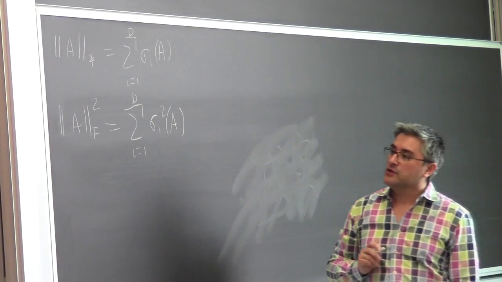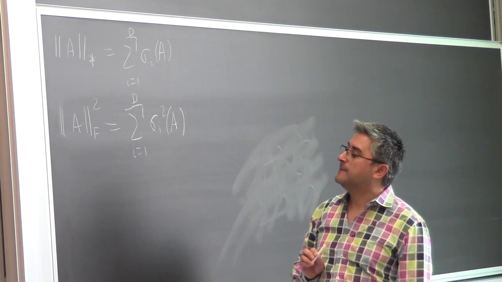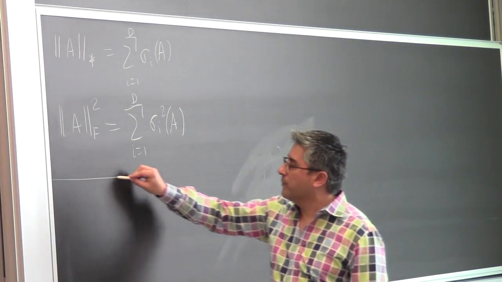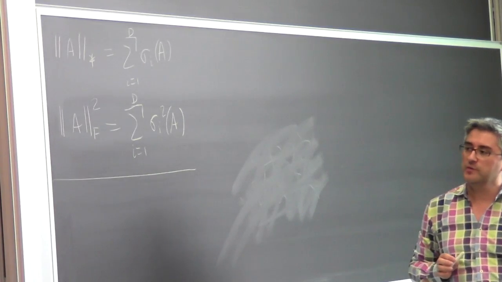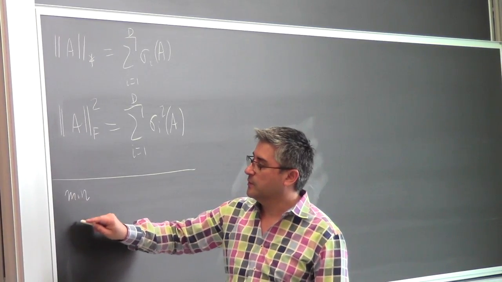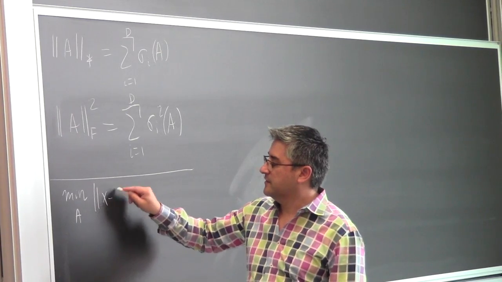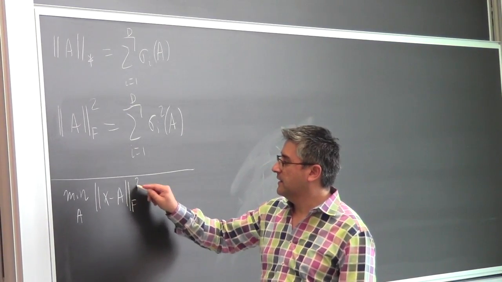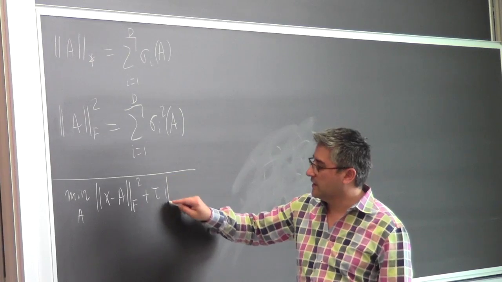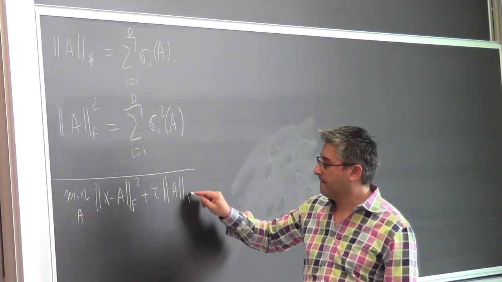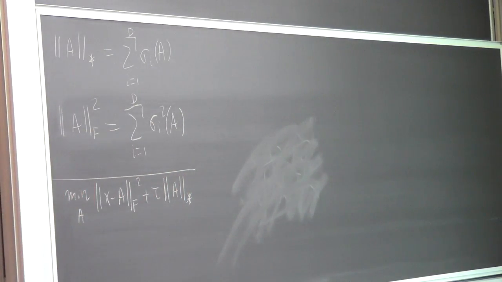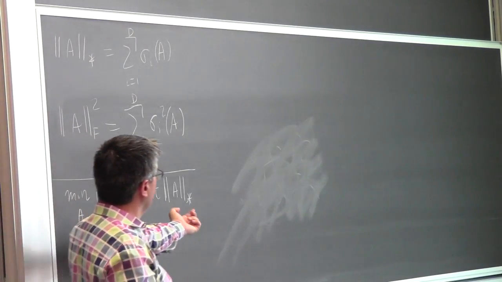So one alternative way of doing model selection is to minimize with respect to A, the Frobenius norm squared of X minus A plus tau times the nuclear norm of A. Okay, see what I'm doing? All I did was to replace the rank by this nuclear norm.